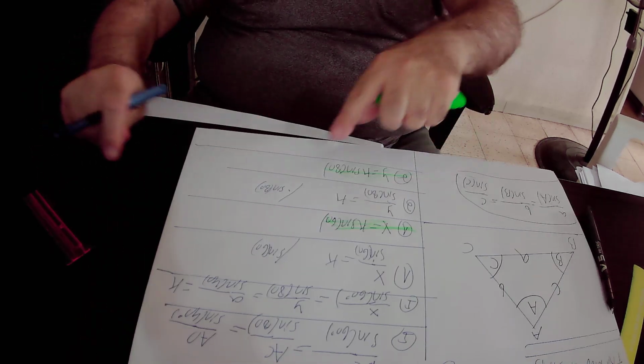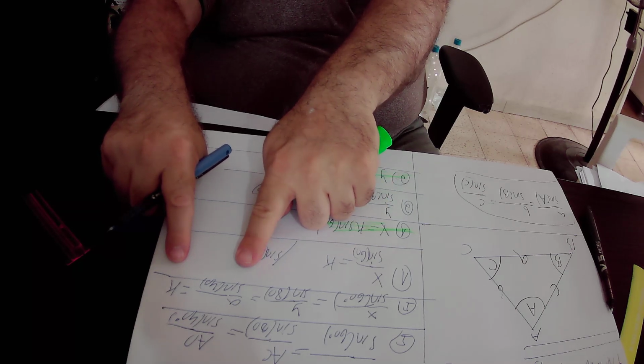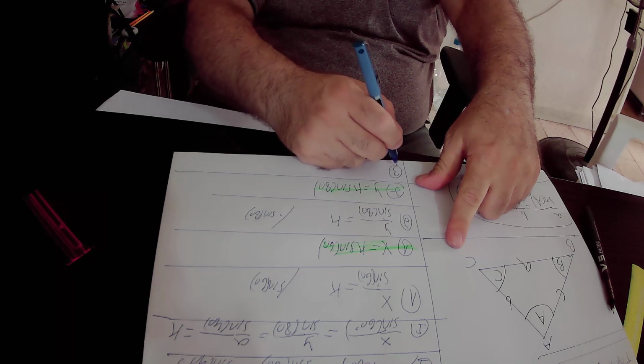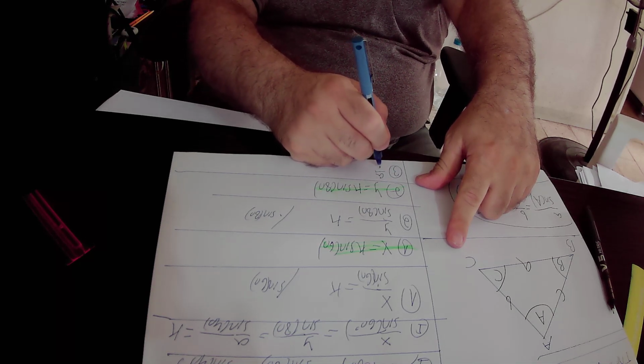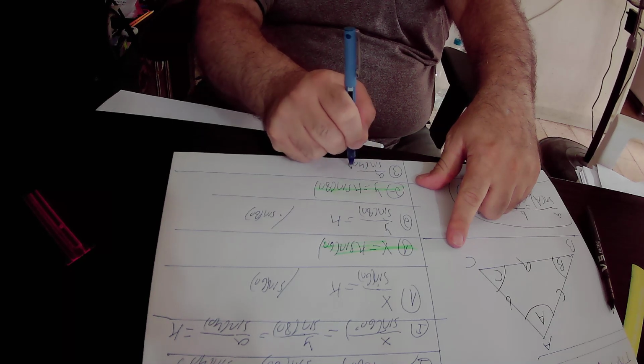And finally, those two expressions are also equal to each other according to this equation. So we can write down that a over sine 40 degrees is equal to k.